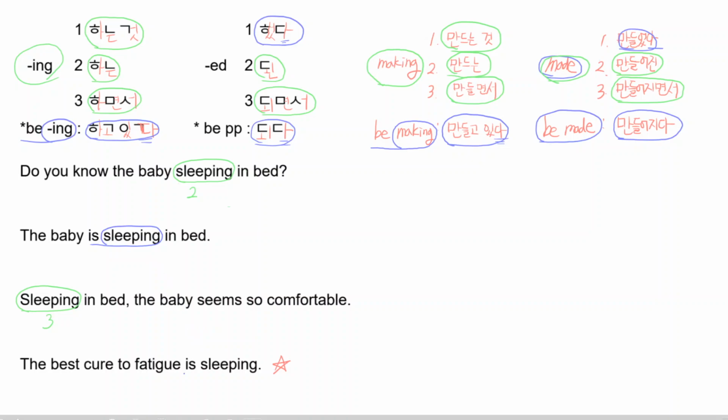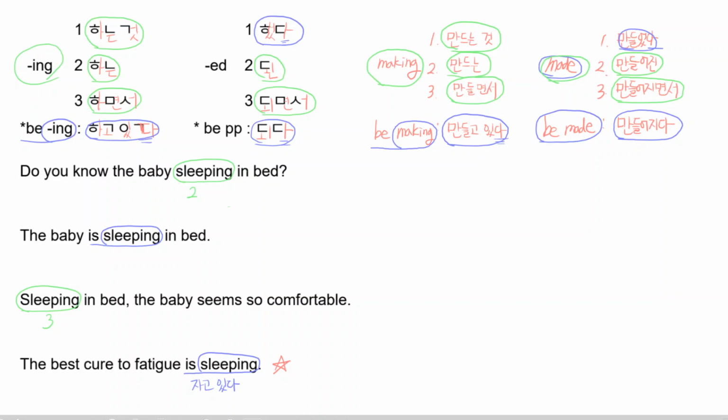Let's try it. If we see this like this, what does it mean? It means always 자고 있다, right? Because we saw this as is ing form, present continuous, right?